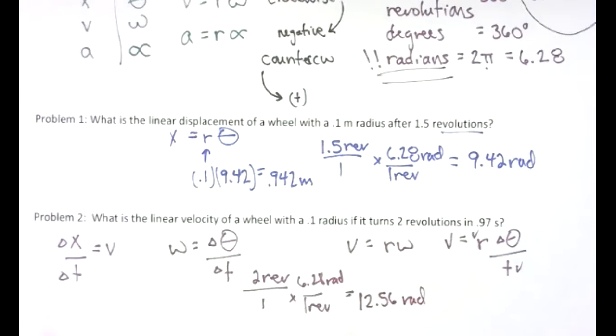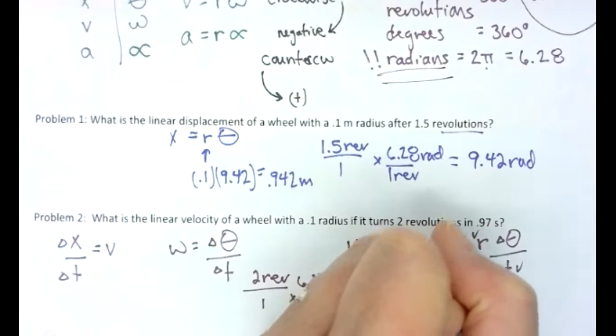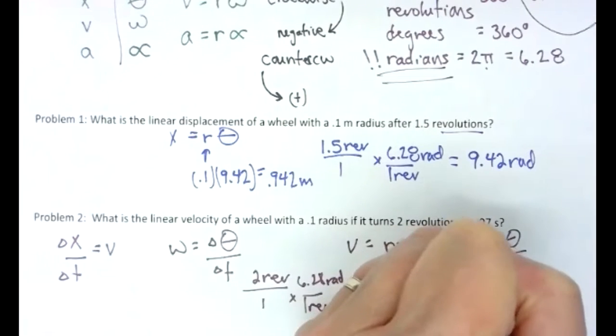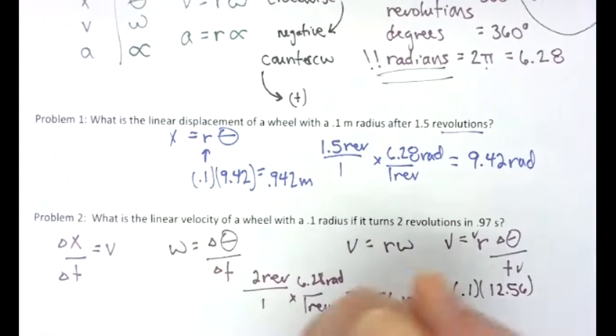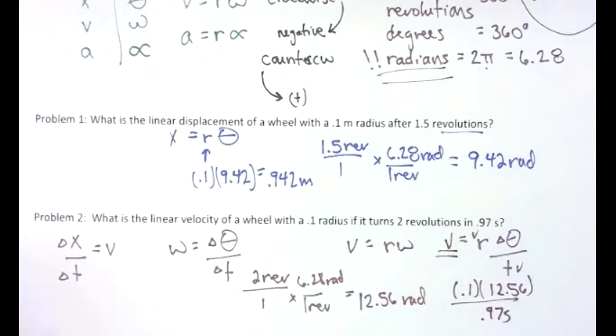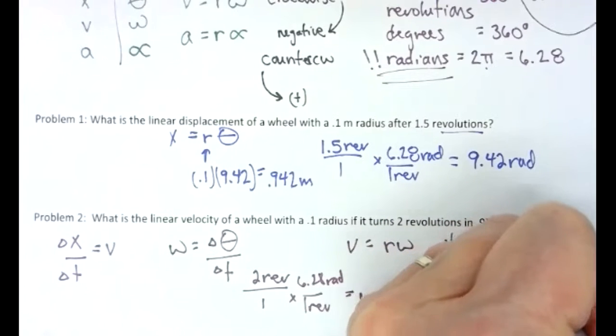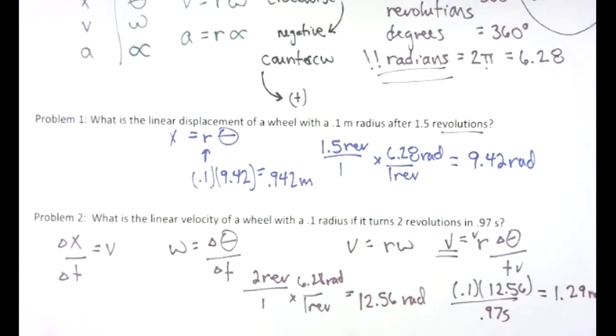And then I can just plug in my numbers and solve. So my radius here is 0.1. I have 12.56 radians, and my time is 0.97 seconds. And so when I solve for my linear velocity, I get a value of 1.29 meters per second.